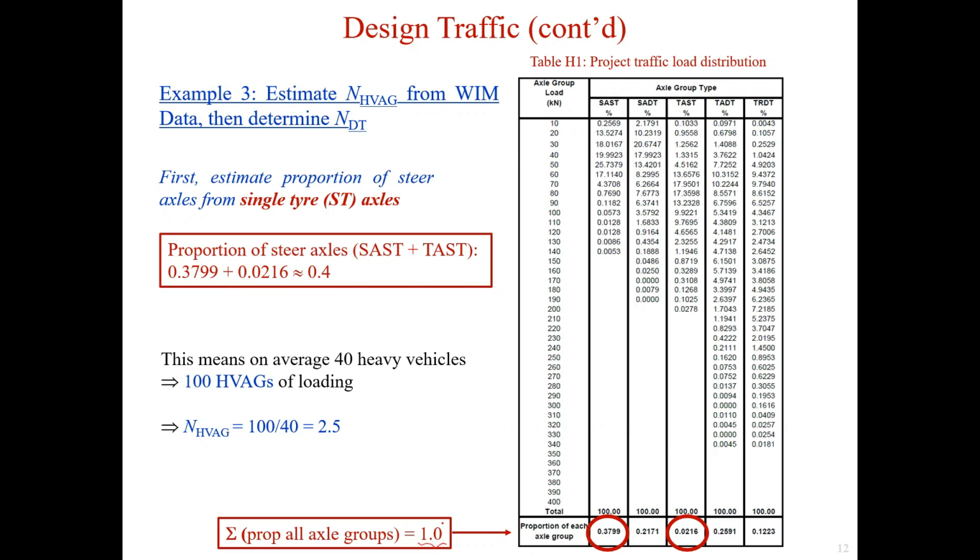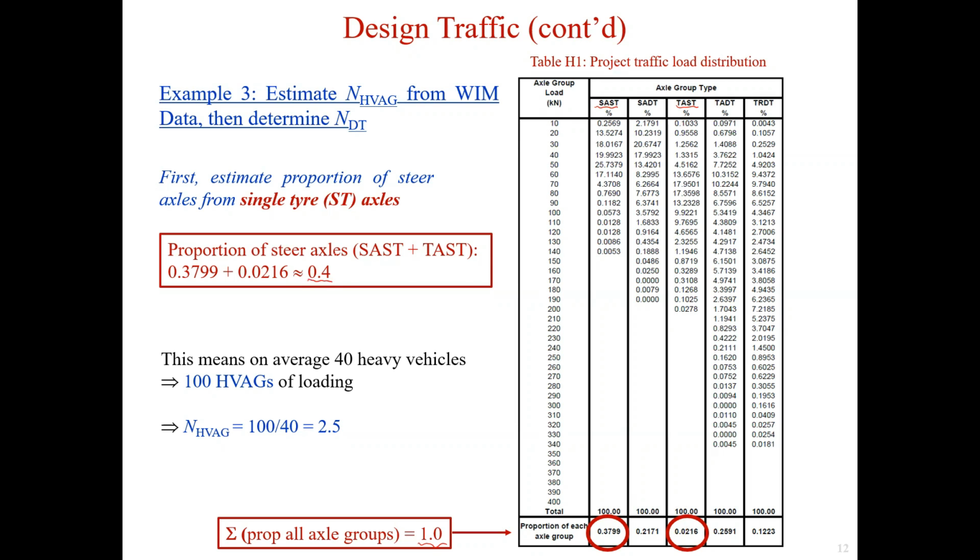The sum of the proportion of axles which are single axle single tier, SAST, and tandem axle with single tiers, TAST, is 0.3799 plus 0.0216, equal to 0.4, as shown here.